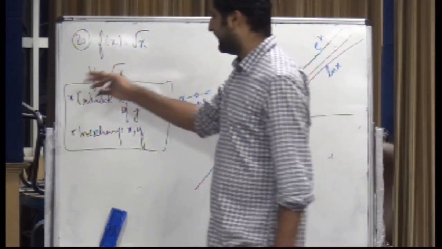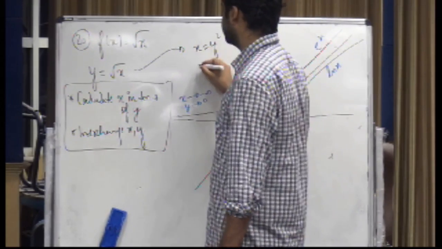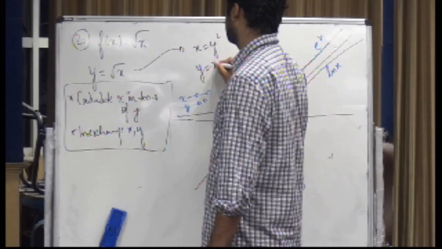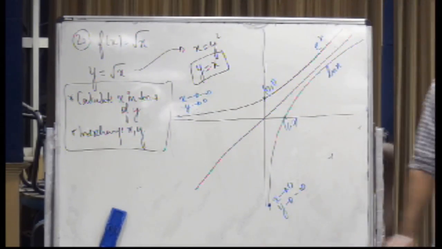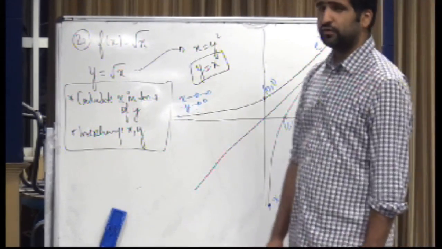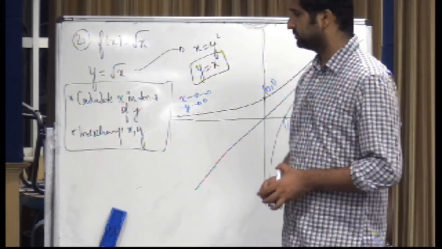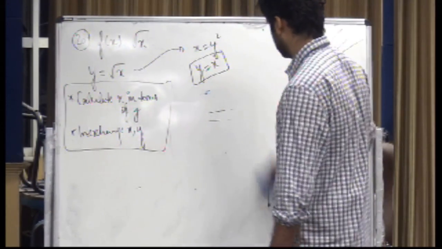So here x in terms of y will be x is equal to y square. If you interchange x and y, you get y is equal to x square. So the function is y is equal to x square. And similarly, if you have x cube, the inverse function will be cube root of x. Make the graph.